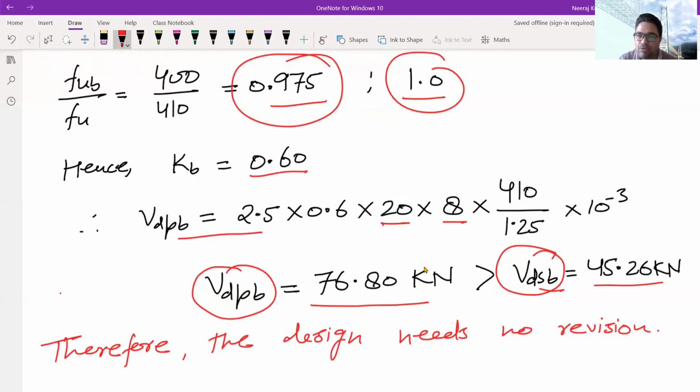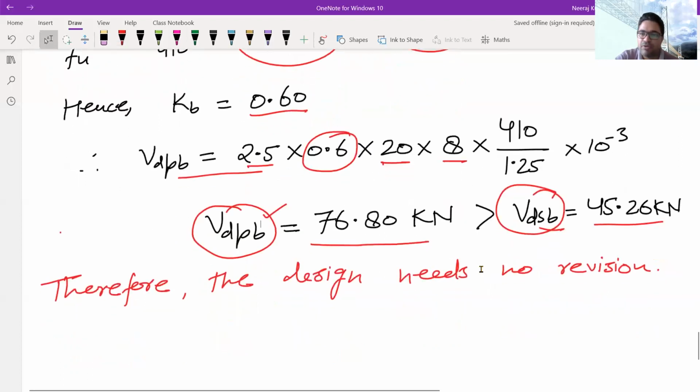Thickness is fixed. All these values are fixed. Only this value is not fixed. It depends on 4 parameters. So by changing those parameters, we would be able to decrease or increase this value. We will see that in the next example, how we do that. Therefore, in our case, there is no need of revision and our design is safe.